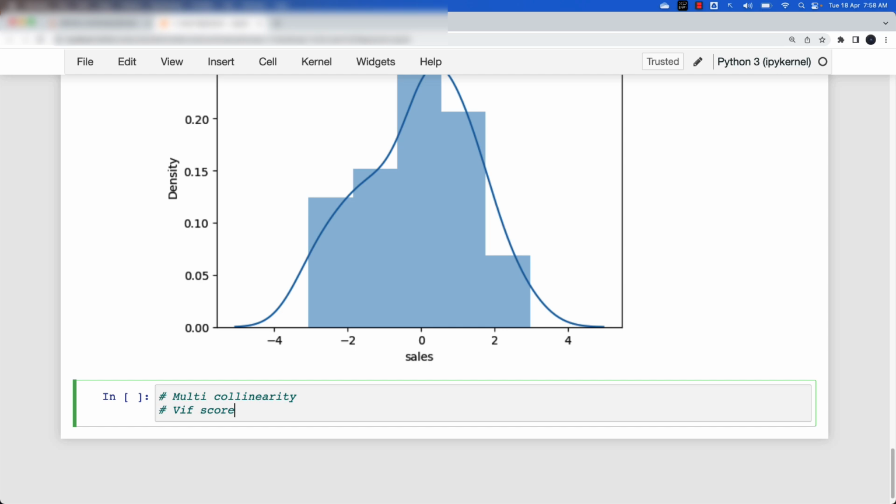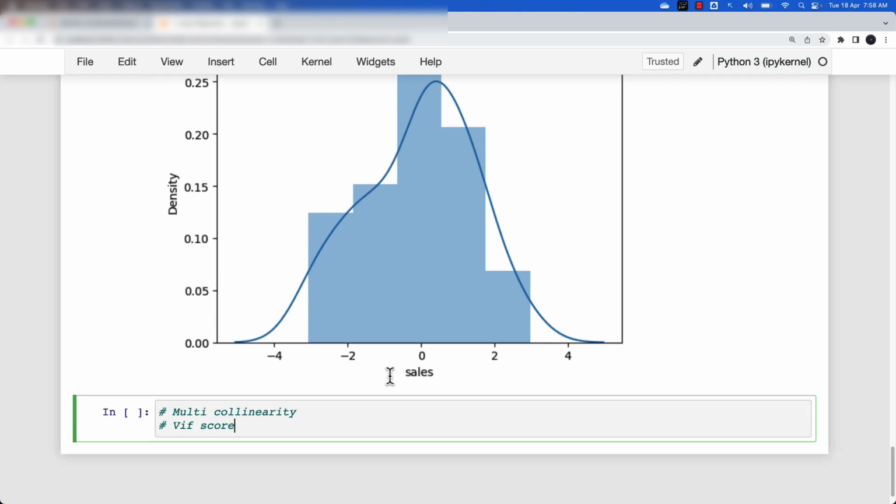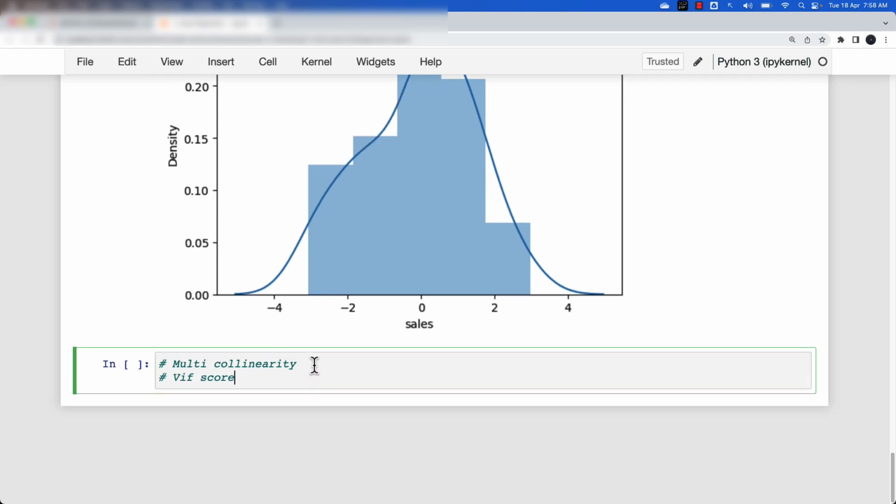We are okay to have a high positive or high negative correlation between my feature and the target, but we do not expect the features to have correlation between each other, and that is called multicollinearity. Whenever the data has multicollinearity, the ability to generate the prediction is going to reduce.